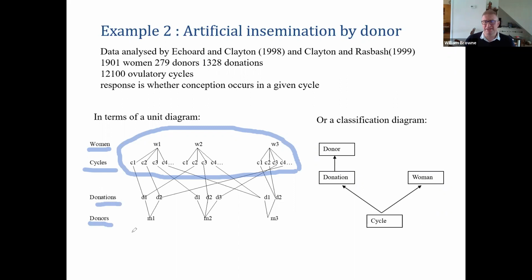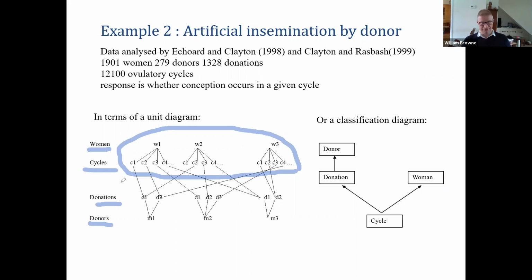Each sperm donation can be split up, so it can be used in more than one cycle. If we look at this example, the first donor, M1, has 2 donations, donation 1 and donation 2. Donation 1 has been split up and used for woman 1 for cycle 1 and woman 2 for cycle 2. Their second donation was used for the first woman in cycle 2 and for woman 3 for cycle 4.